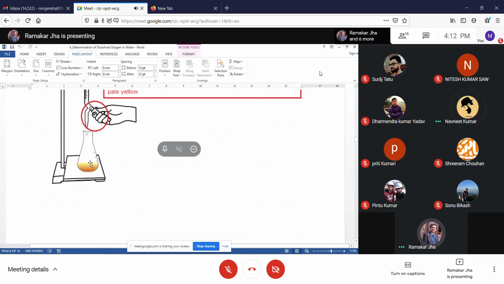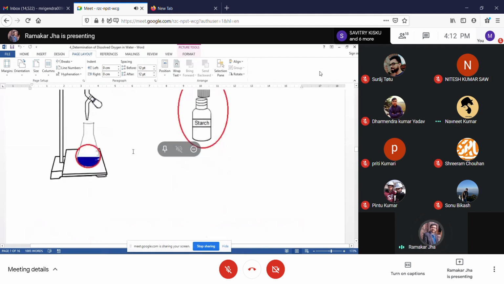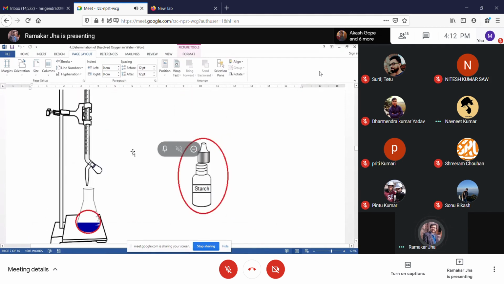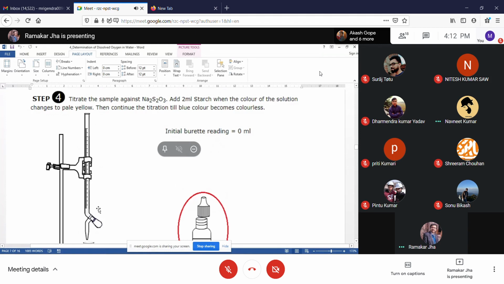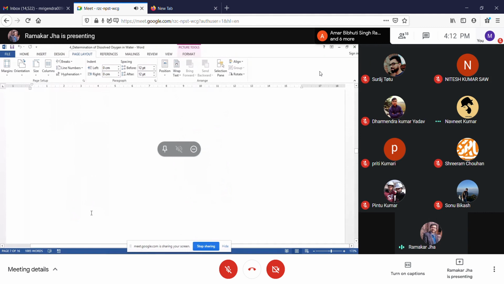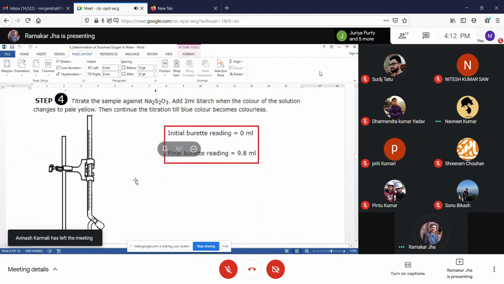At this point we add starch, and it becomes blue. Then we start putting sodium thiosulfate slowly, drop by drop, and you will find it becomes colorless.